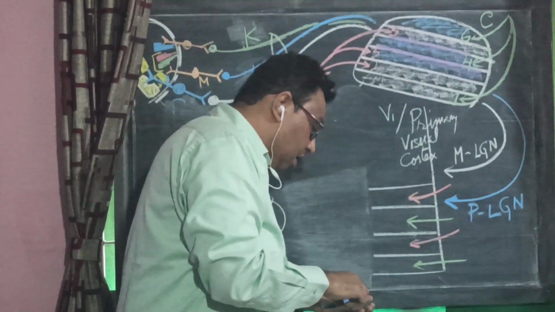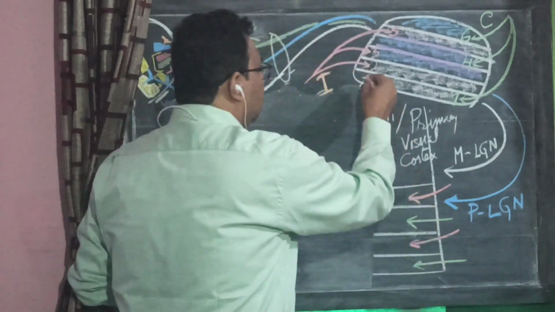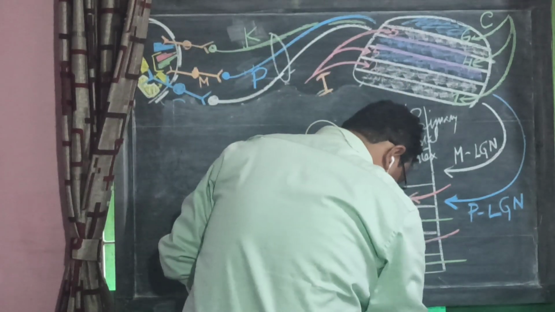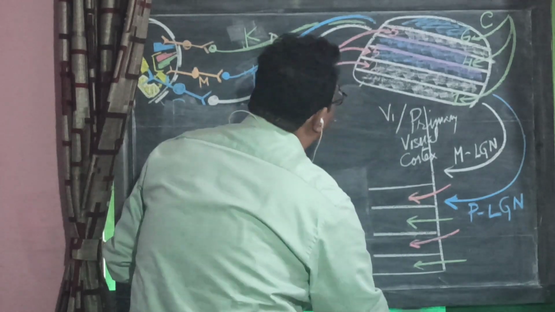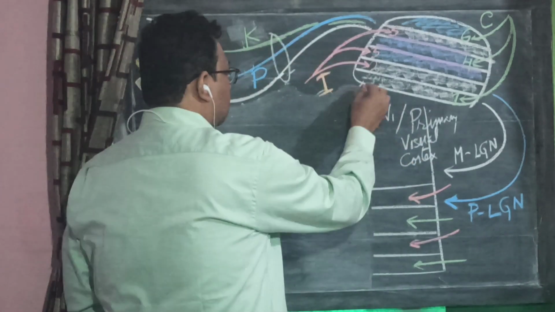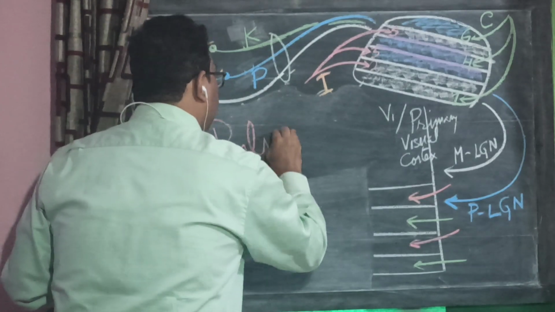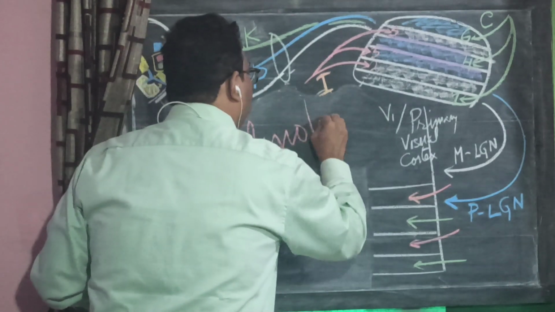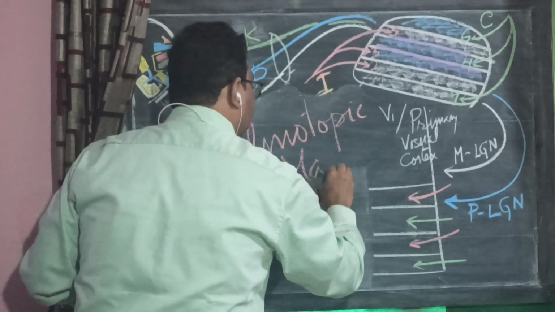Right? Moreover, the lateral geniculate body has retinotopic maps.